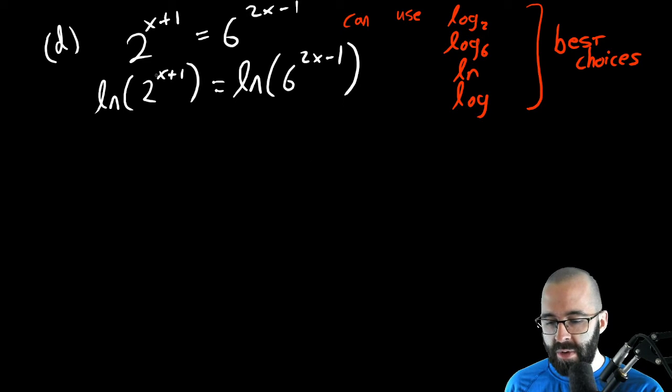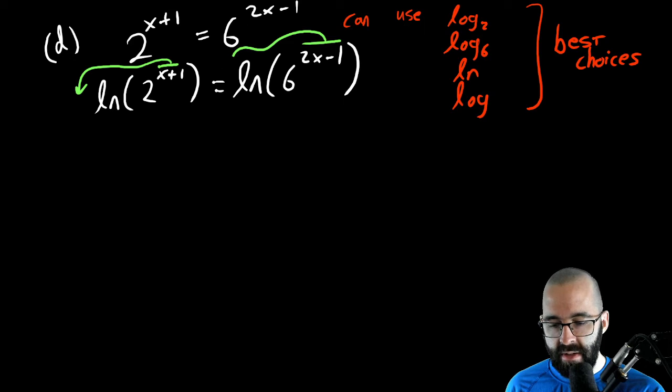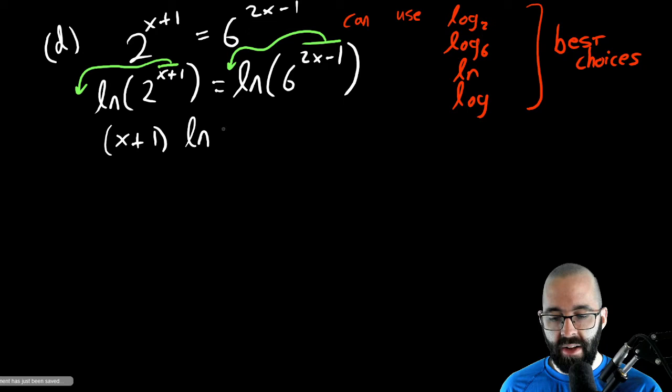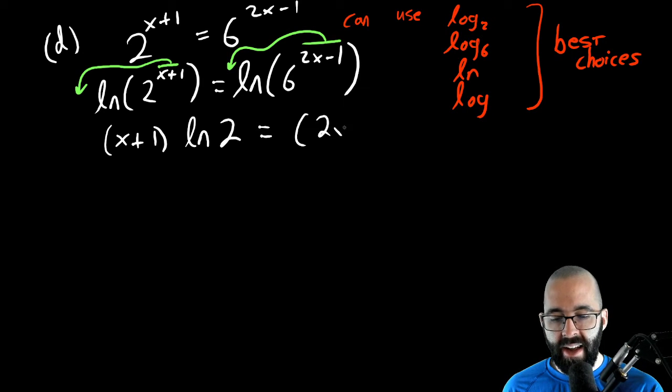But we can still use the power rule. The power rule says that this exponent comes down in front. This exponent comes down in front. That says that (x+1), parentheses are mandatory, the entire exponent is getting multiplied by the natural log of 2. On the right-hand side, the entire exponent is getting multiplied by the natural log of 6.